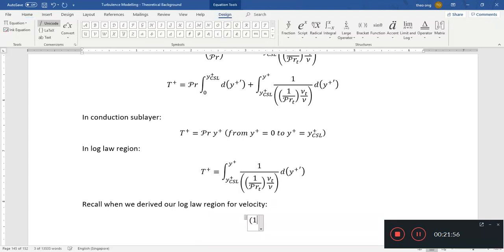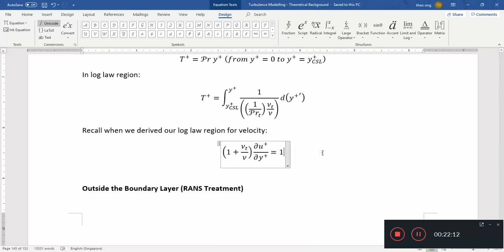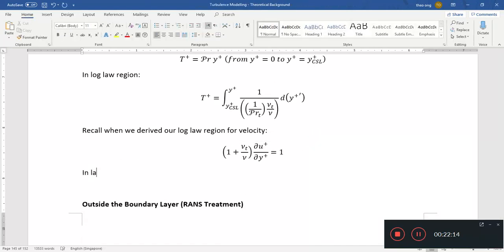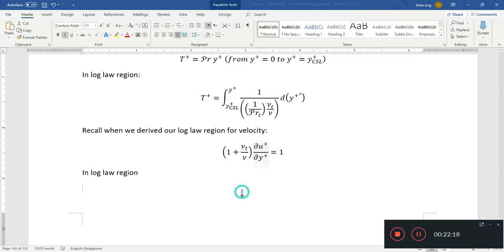So 1 plus nu t divided by nu, times partial u plus over partial y plus, equals 1. So in the log law region, we'll just have this equation. This nu t over nu is much greater than 1, so I'll bring it over to the other side.